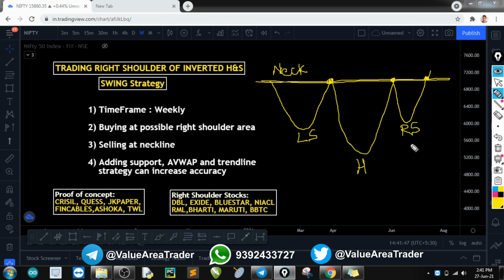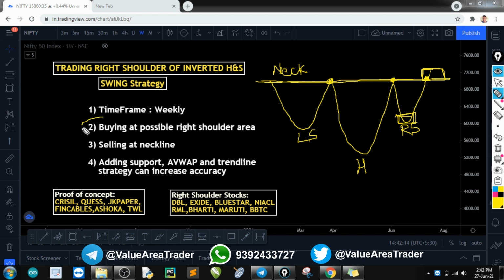Generally, how we trade the inverted head and shoulders pattern is that we trade at this particular position, on the break of the neckline. But in this particular strategy, what I have seen is that we will be trading this area at the right shoulder. Wherever the price is reversing at the right shoulder area, this is our point of entry.